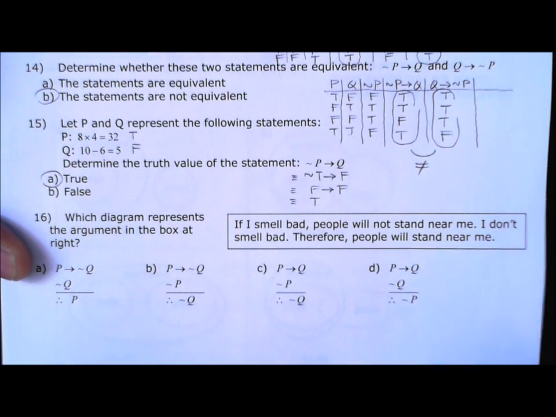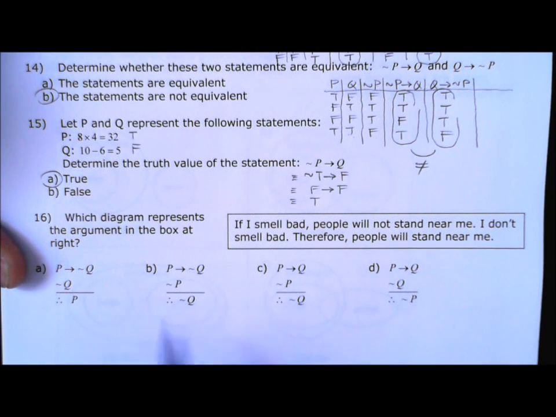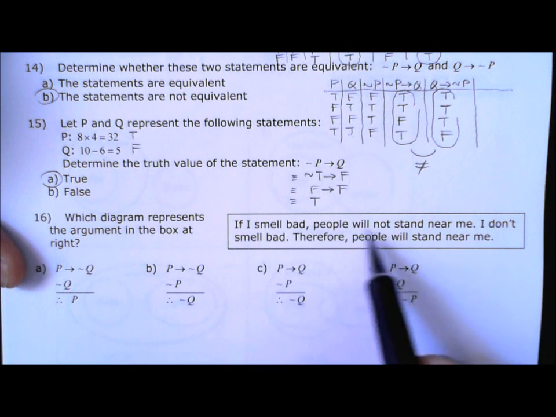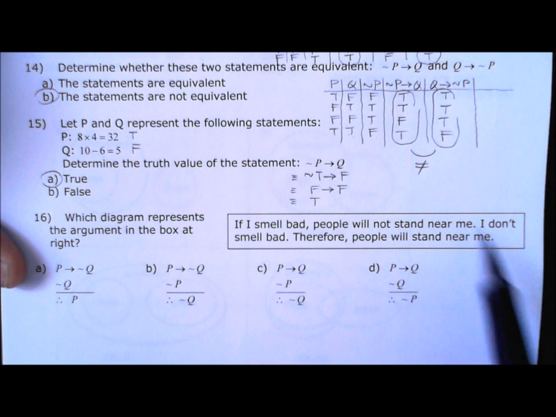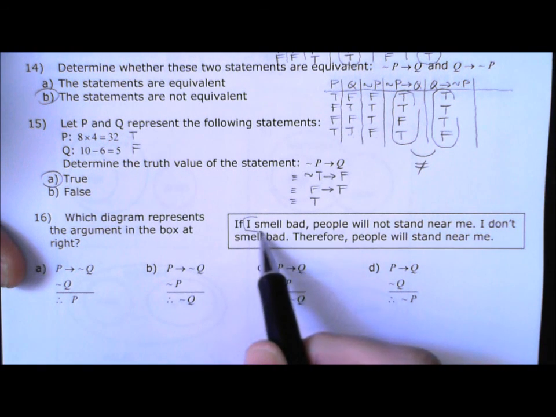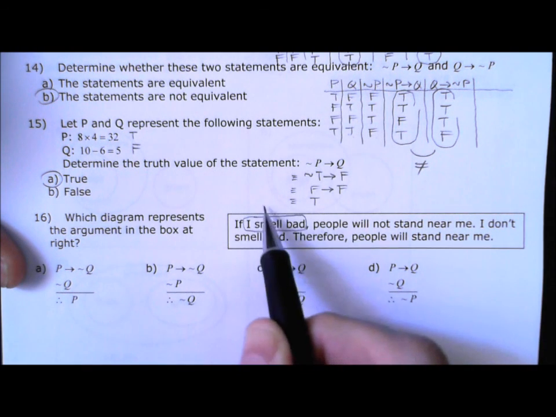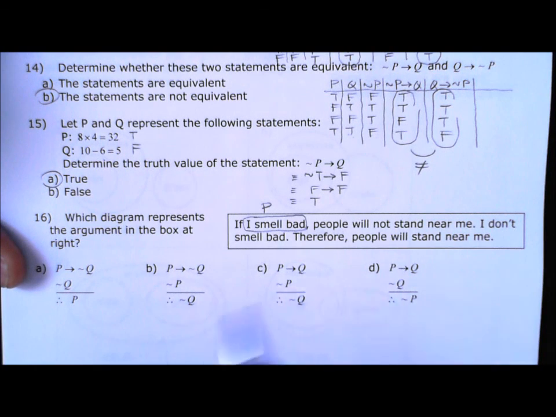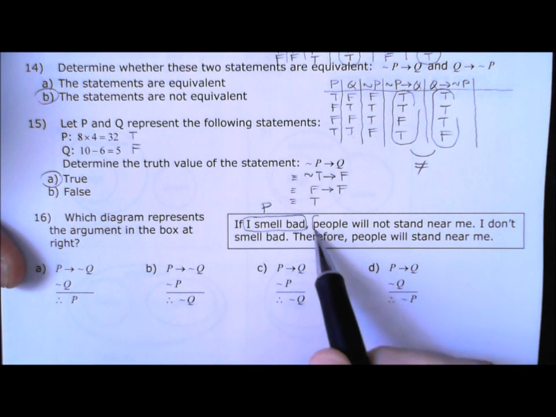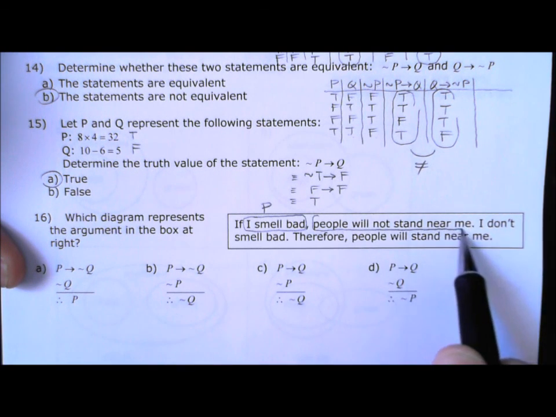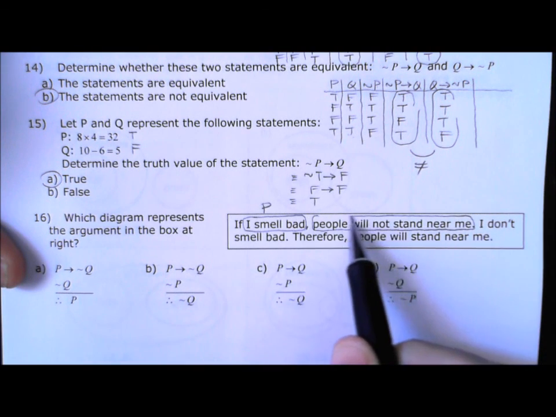Okay, number 16 asks us just to diagram an argument, not to determine whether it's valid or invalid. In this case, we're given if I smell bad, then people will not stand near me. So I smell bad certainly is simple statement P. People will not stand near me could either be Q or not Q, depending upon what Q is.